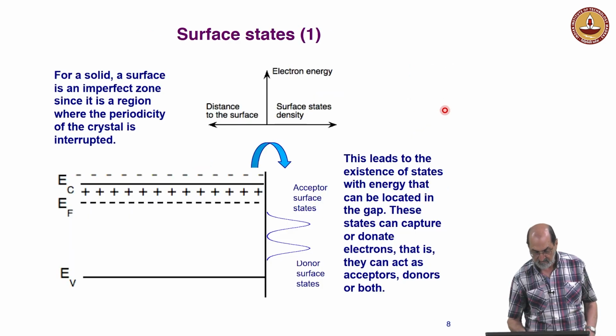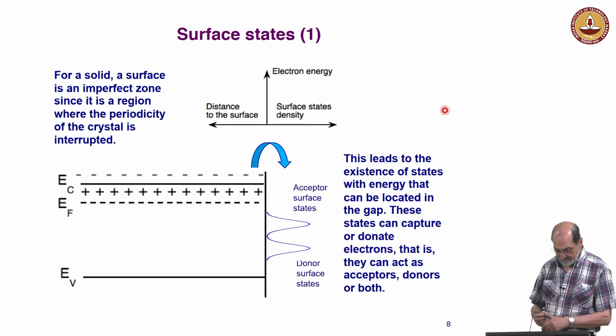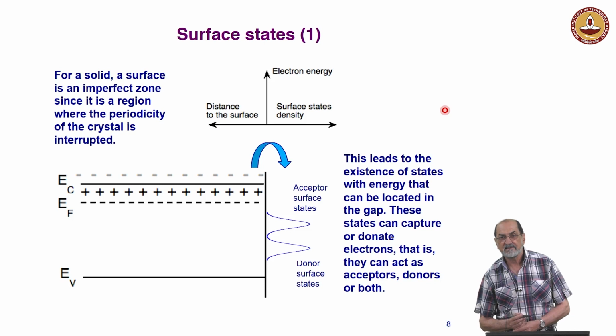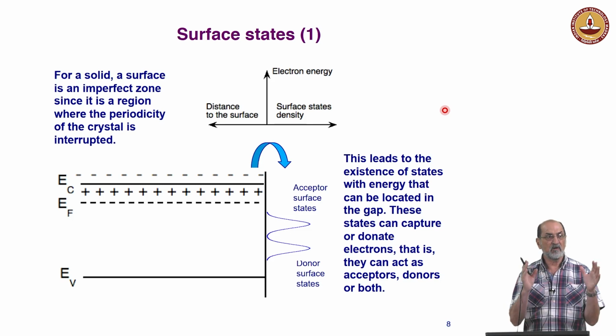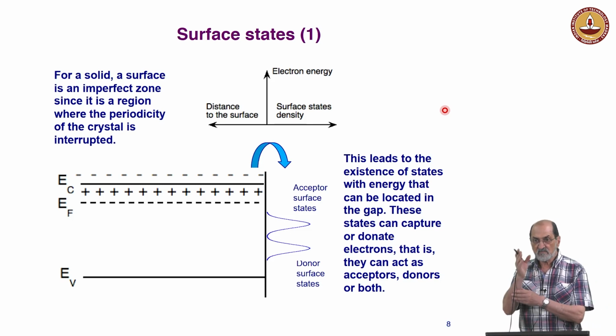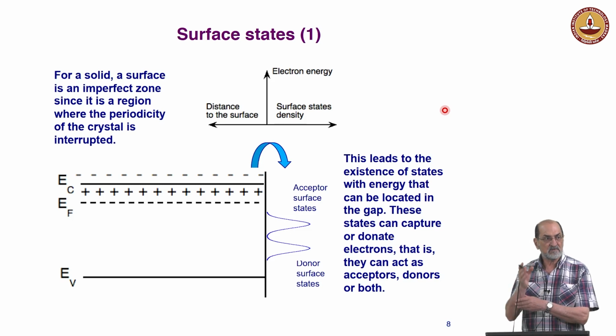Well, good. Next subject. Regularly in covalent semiconductors, the surface presents surface states. That is, once you arrive at the end of the bulk, there is a region which is different because we don't have atoms on the side. The surface is a different situation.